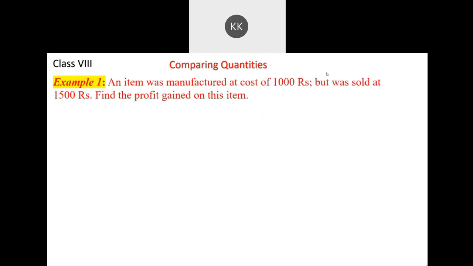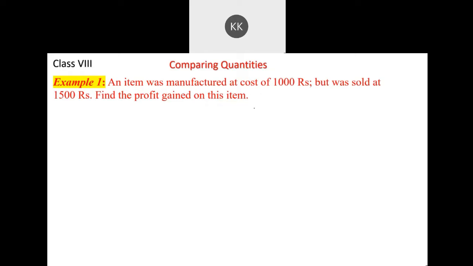Let's look into a question. An item was manufactured at a cost of rupees 1000, but it was sold at rupees 1500. Find the profit gained on this item. It's very clear that 500 rupees is the profit.